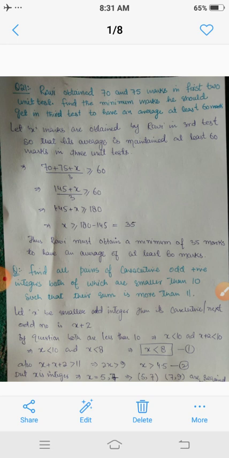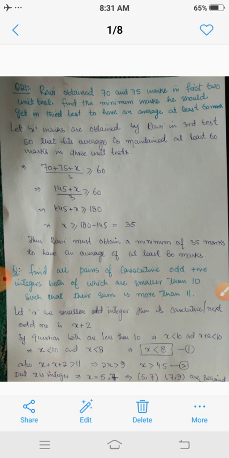Let x be the marks obtained by Ravi in the third test, so that his average is maintained at least 60 marks in 3 unit tests. At least means minimum. So when we consider the average of 3, which is 70 plus 75 plus x upon 3, this is the average of the marks obtained by Ravi in these 3 tests. Now this average should be at least 60.